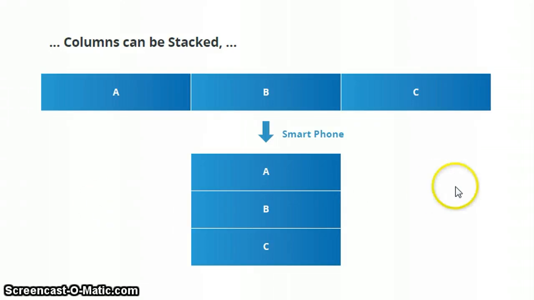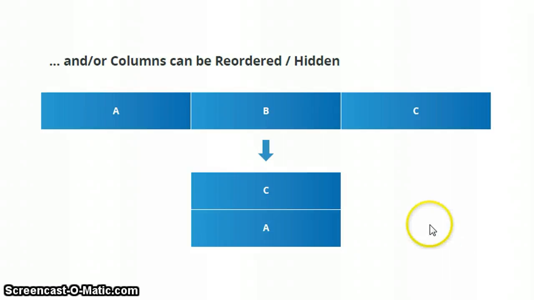Same thing with stacking your columns. When you move from one breakpoint to another, you can choose to stack them vertically instead of line them horizontally. Usually this is the case for smartphones. You can also, from one breakpoint to another, choose to reorder or hide your content.